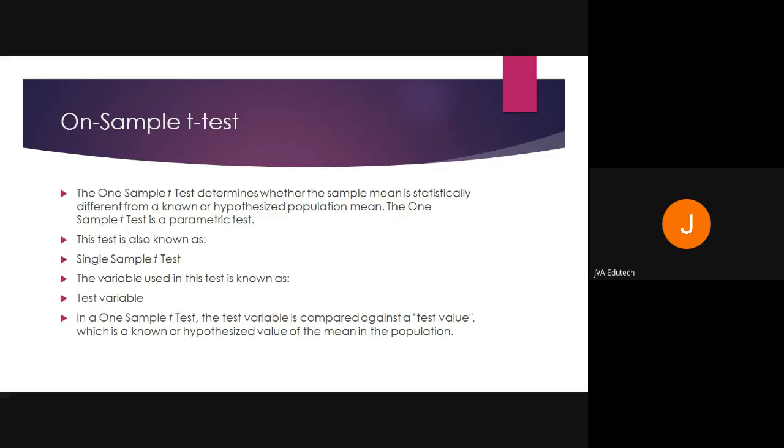So we have two means in this case: a population mean, that is the hypothesized mean, and a sample mean, that is the mean you have calculated while performing the test. And you see whether the mean from your sample deviates from the mean of your population or not. If this is the case, then you will perform a one sample t-test.